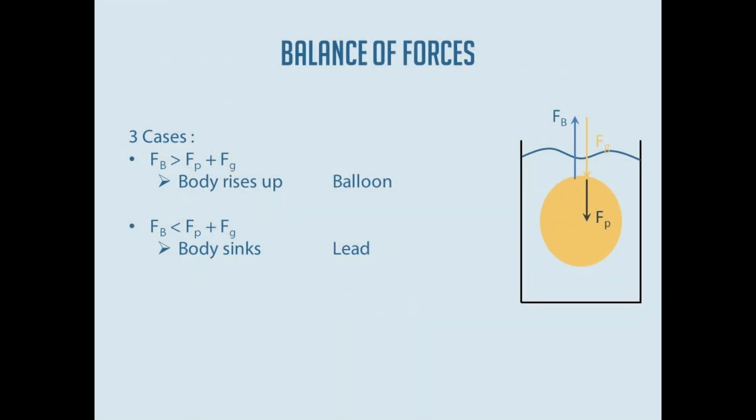Secondly, the opposite case is also conceivable, namely when the buoyant force is less than the weight force and the pressure from the water. The body would sink, and anyone who has ever lost lead while diving will know this situation very well.